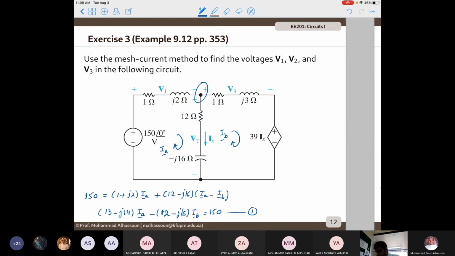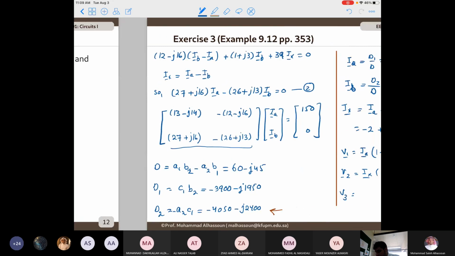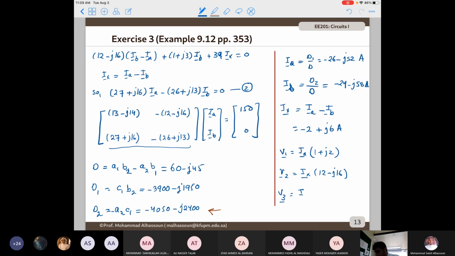V3 is going to be IB multiplied by 1 plus J3. So the exact numbers are in your textbook. So any questions, Shalom?